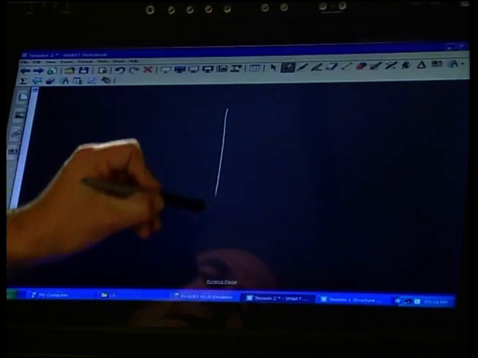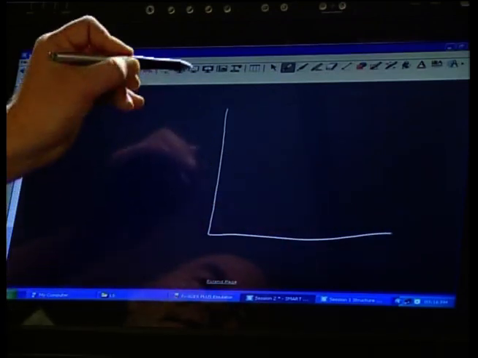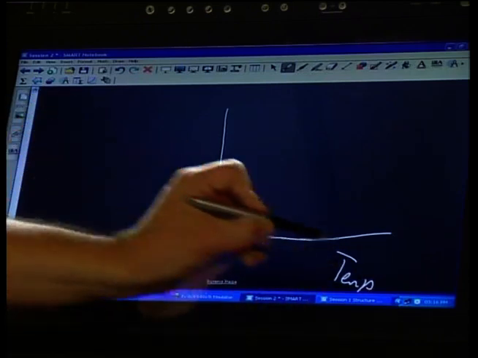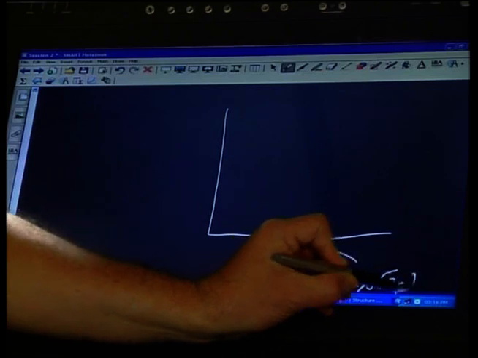Now, what's quite interesting is that you get a very interesting graph from that. I want to show you what the graph looks like, and I'm going to draw it over here. So here we've got temperature. Temperature is the thing that we were changing, and it was temperature in degrees Celsius.